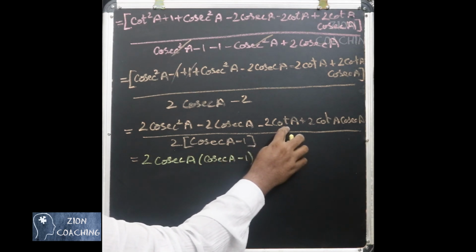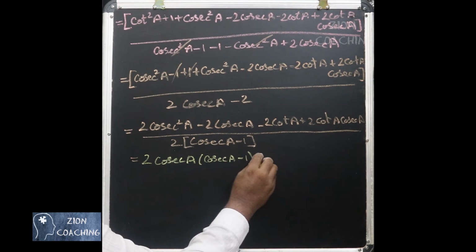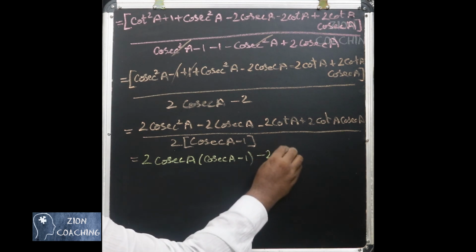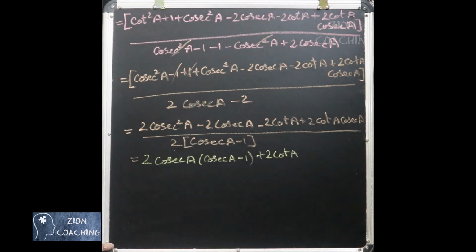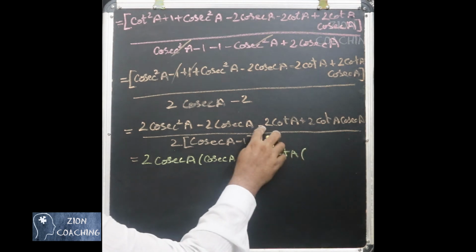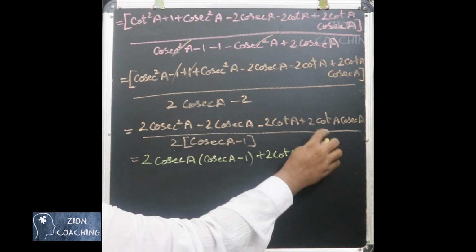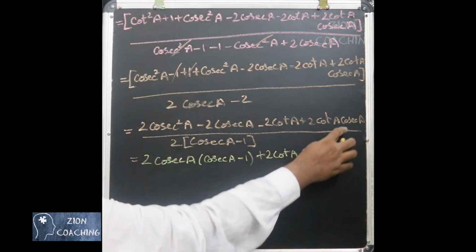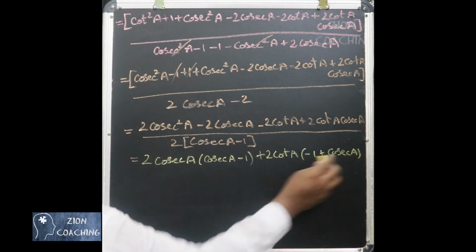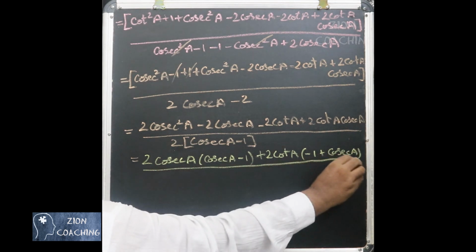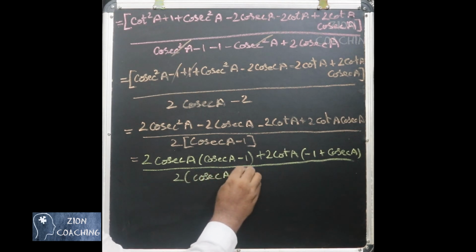Then when you pull out 2 cot A commonly from these two terms, I will put plus 2 cot A. When you pull out 2 cot A commonly outside, then this is minus 1 into 2 cot A. So we are going to have minus 1 plus 2 cot A is taken outside. So what is remaining is cosecant A, divided by 2 into cosecant A minus 1.